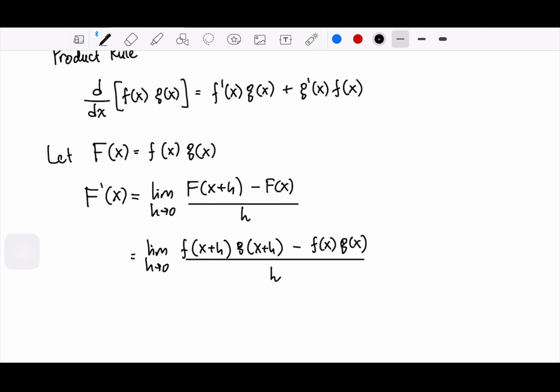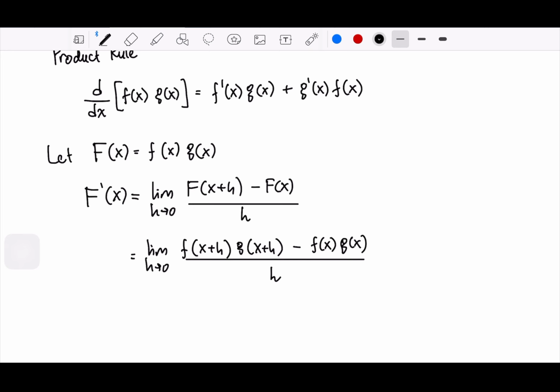Okay. Now what's the deal with this, and how do we solve this? How do we take this limit and simplify it?